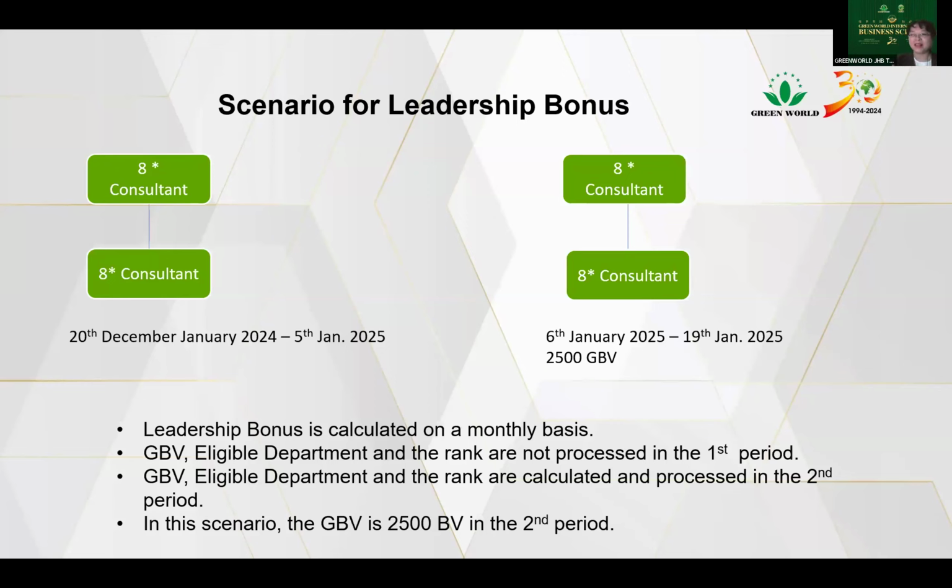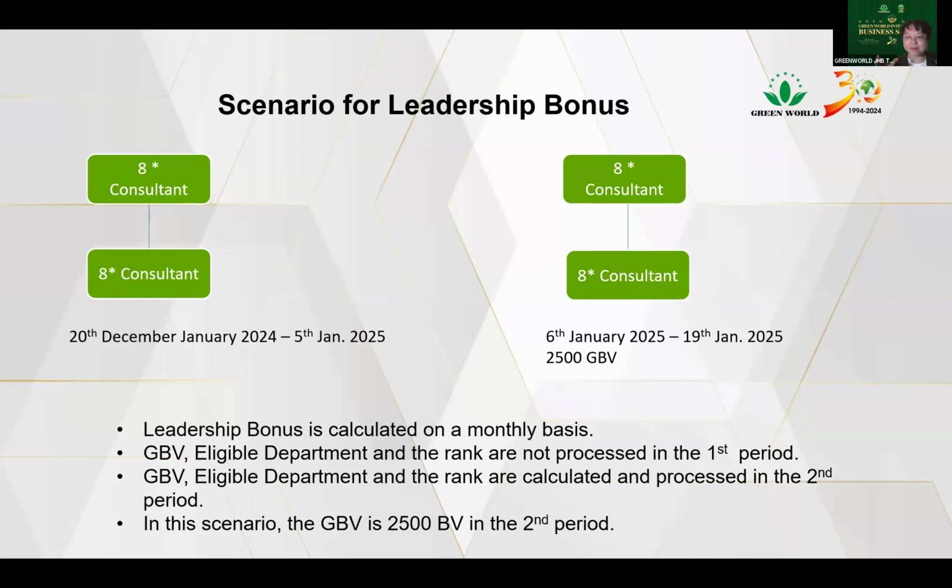Okay, first of all, remember the leadership bonus is calculated on a monthly basis, not on a fortnight basis at all. So in the system, there is no first 2 weeks of 1,500 and then third and fourth weeks of 1,000 BV. The computer doesn't even calculate this.